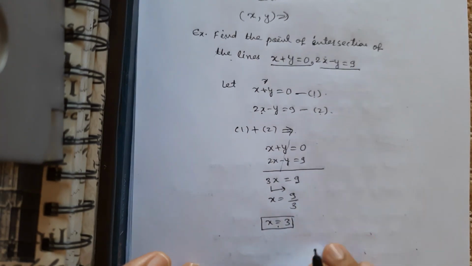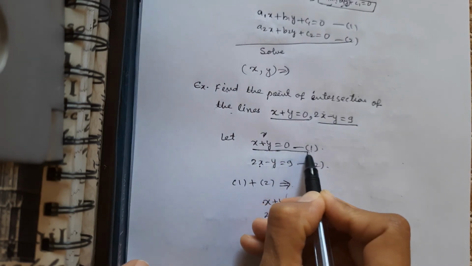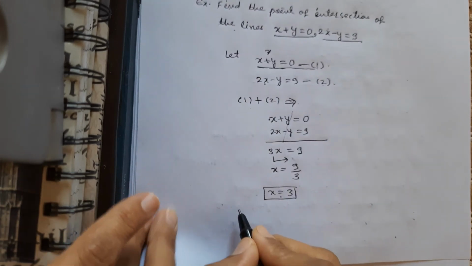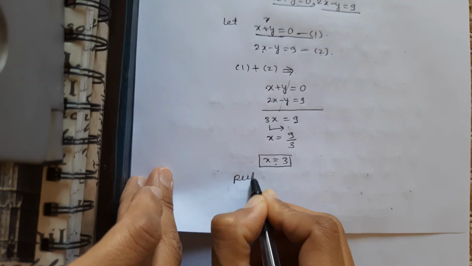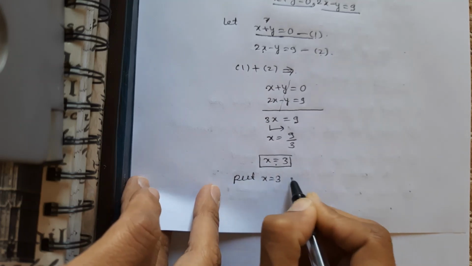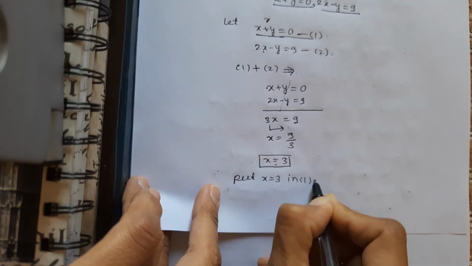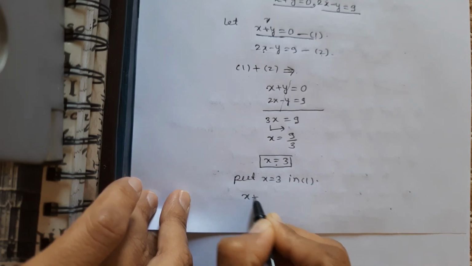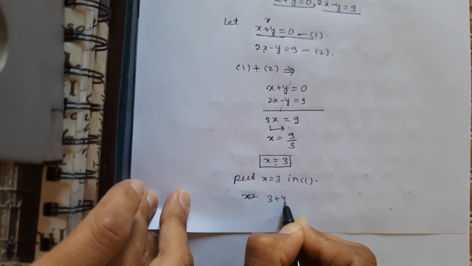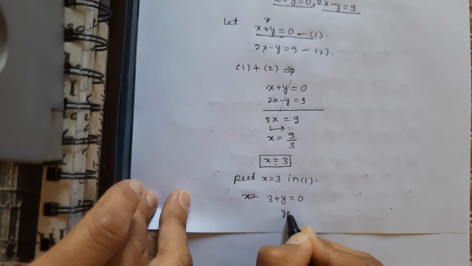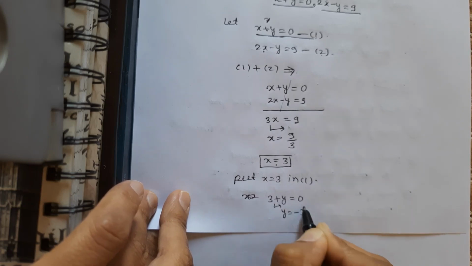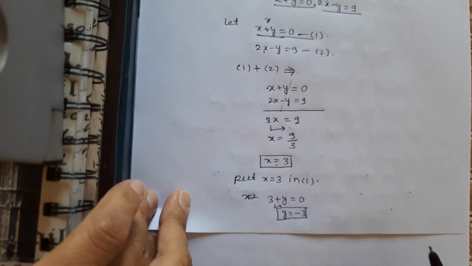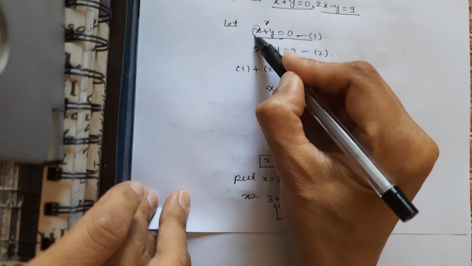Equation 1 is simple, so I am choosing this equation. Put x equal to 3 in equation 1. So I get 3 plus y equal to 0, so y equal to minus 3. I just substituted 3 here.